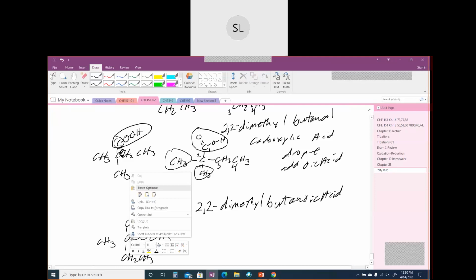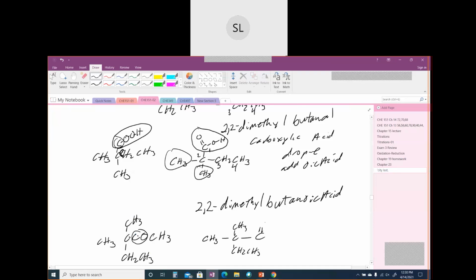If you write a line here and here, that's only 2 bonds to carbon. So you have to know what it means to have a CO right here. So that is CH3, CH3, CH2, CH3. The only way to get that to be 4 bonds is that has to be a C double bond O, then to CH3. That is the only way to get that carbon to have 4 bonds.